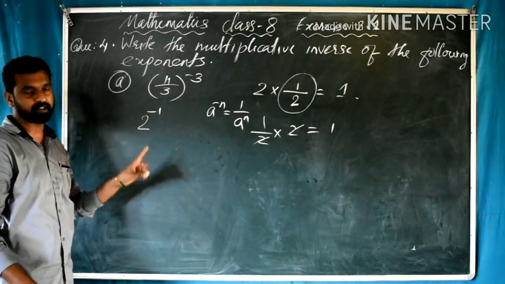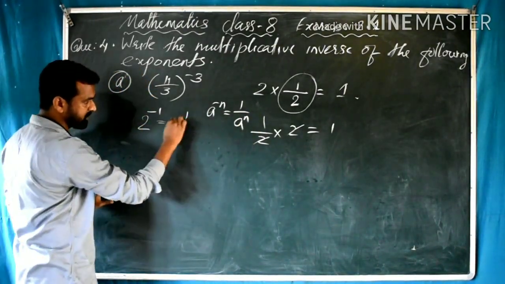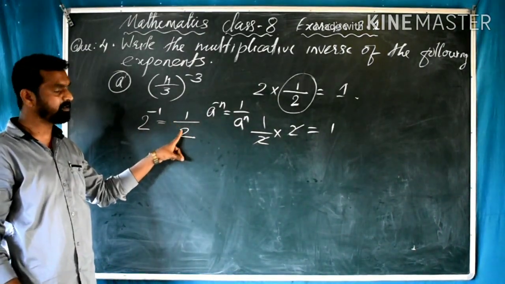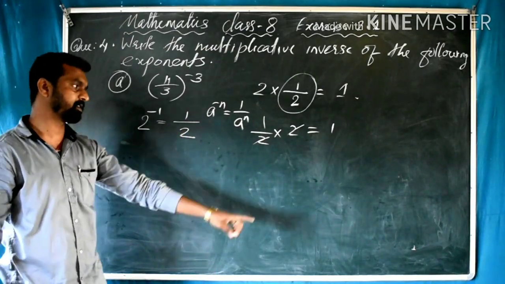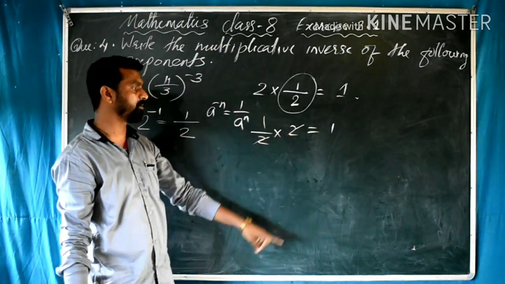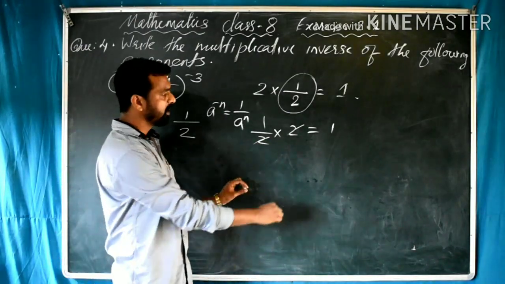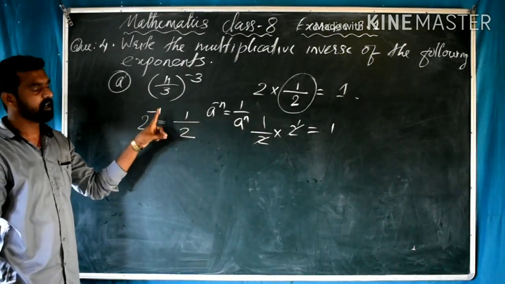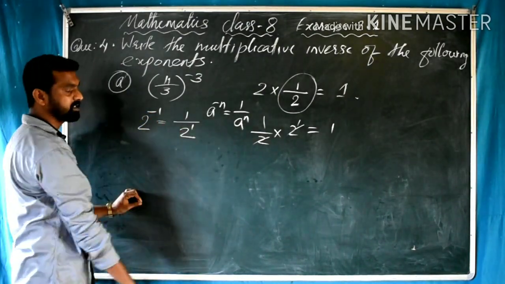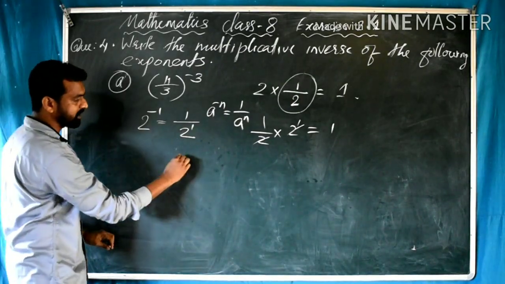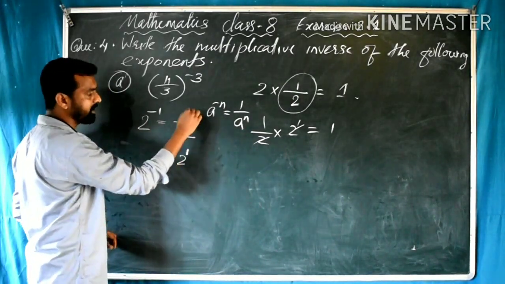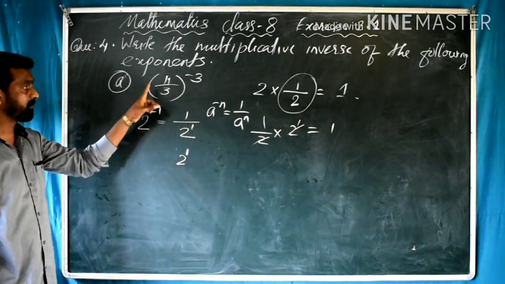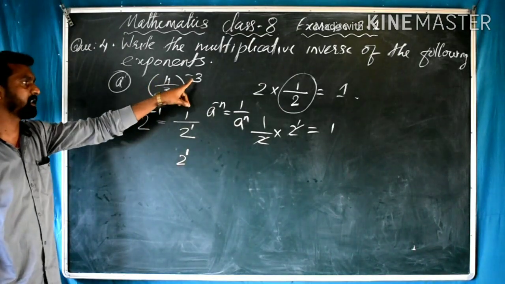So 2 raised to minus 1 means 1 by 2 raised to 1, that is 1 by 2 only. Then what is the multiplicative inverse of 1 by 2? 2 is the multiplicative inverse of 1 by 2. We can write 2 as 2 raised to 1. So the multiplicative inverse of 1 by 2 raised to 1 is 2 raised to 1.